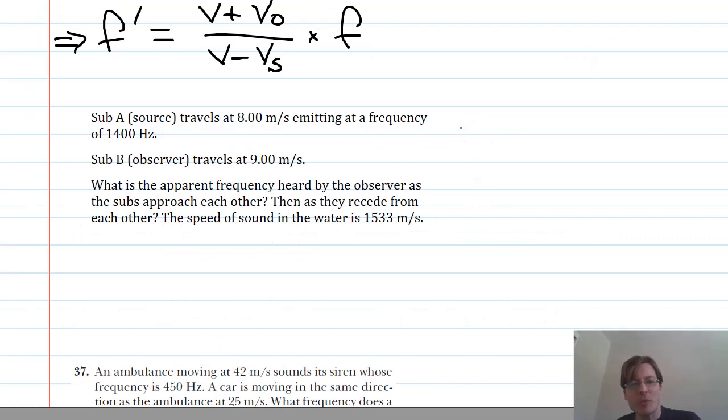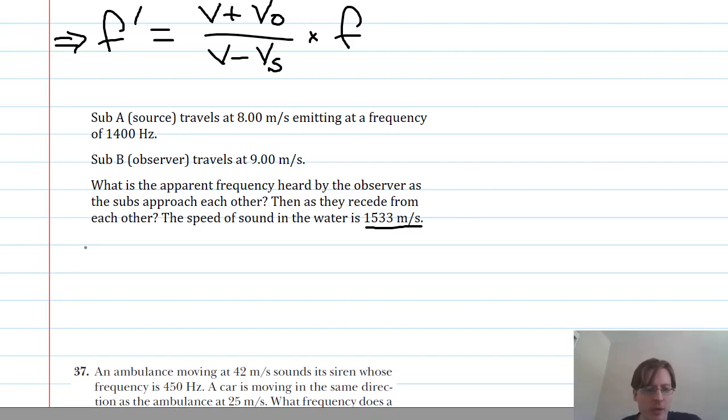Now, some examples which illustrate how you have to be really careful with the signs to use the Doppler effect equation. We've got two submarines. First, they're approaching each other. Then they pass and they recede away from each other. In this case, it's sound waves in water. They don't move at 343. They move much faster. Sound moves much faster in water.